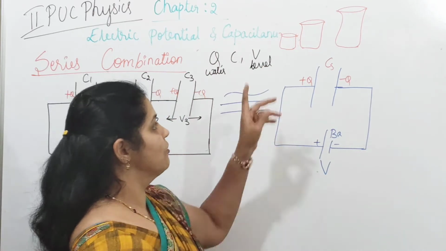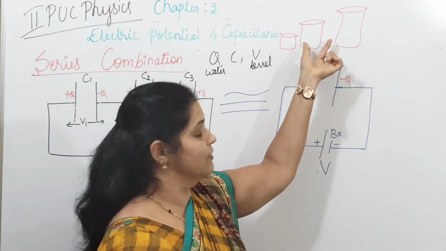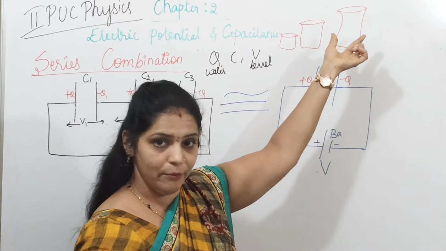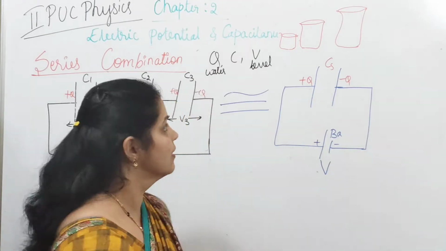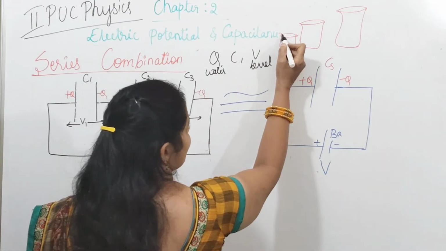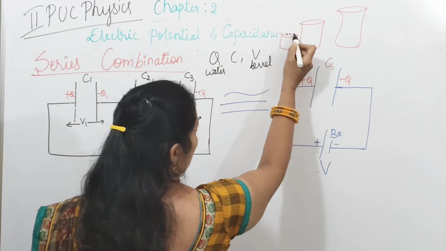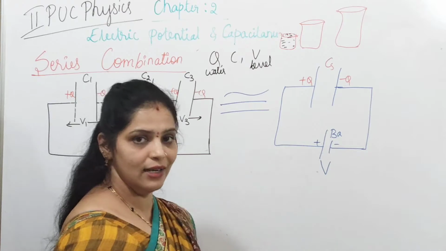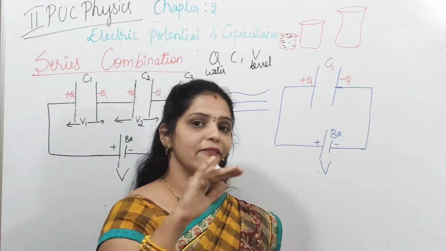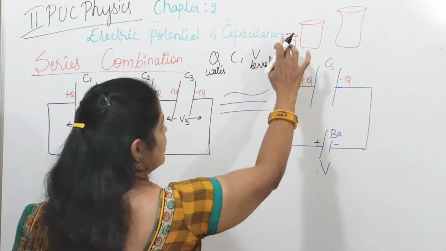So if you add one glass of water to different beakers, then what happens? You are adding one glass of water. Here you are observing that the water will be almost at the top of this beaker. Smaller the bottle or smaller the beaker, the level will be almost on the top.